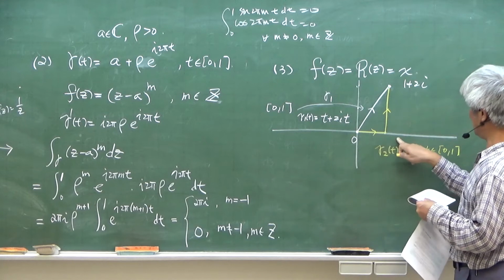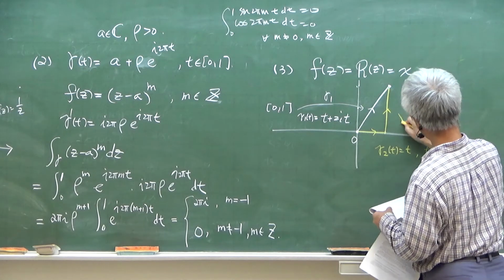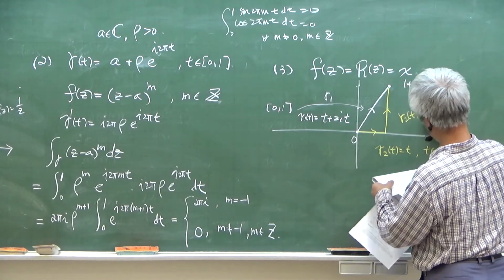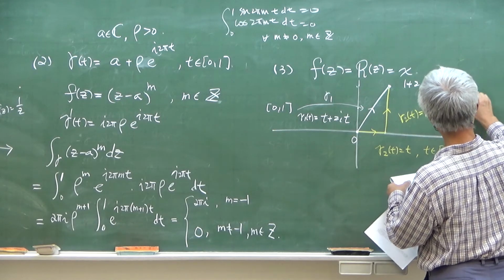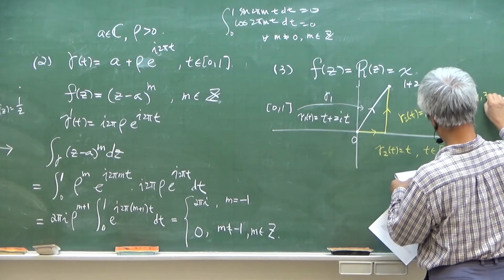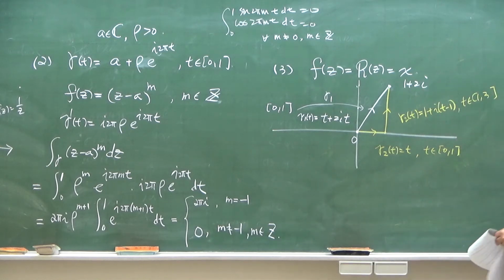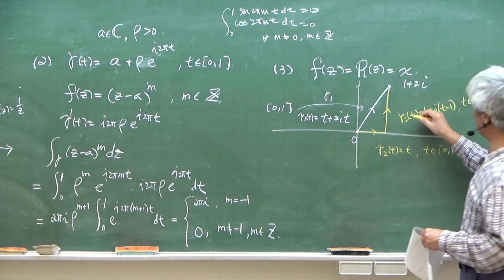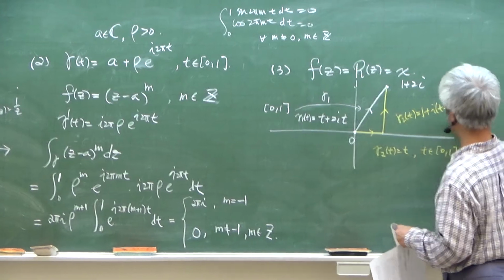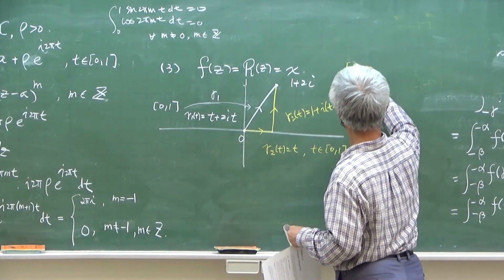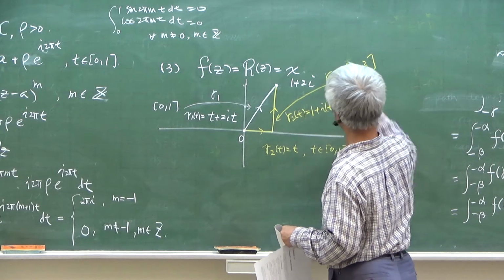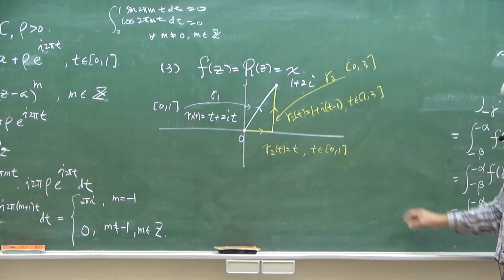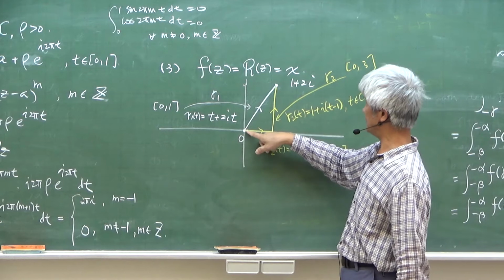So go here, and then gamma 2 t is equal to 1 plus i(t minus 1) for t from 1 to 3. So we have 0 to 3 from here. This is gamma 2.